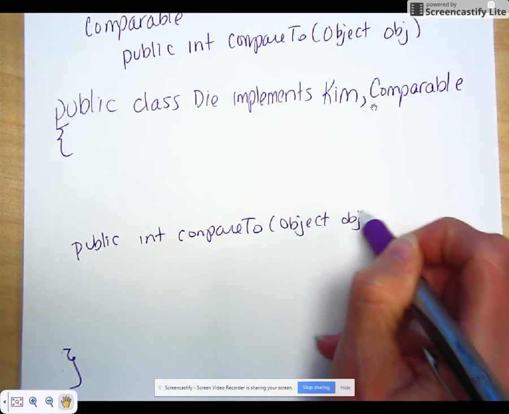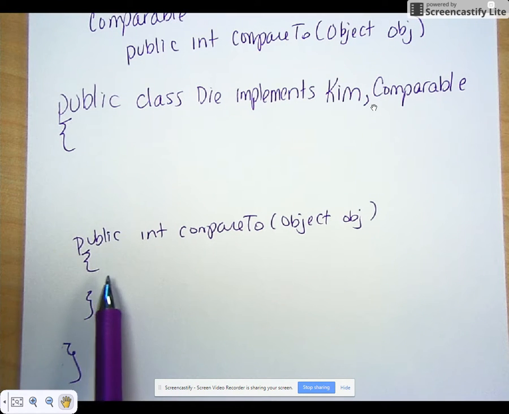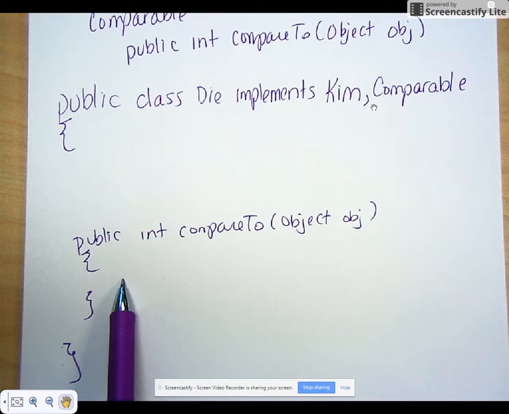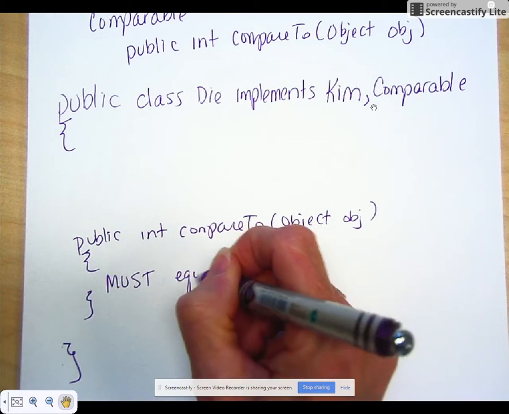And now you're going to provide me the details. You're going to tell me what it means for two objects to be equal, less than, or greater than the other. And you must use the equals method in your class.